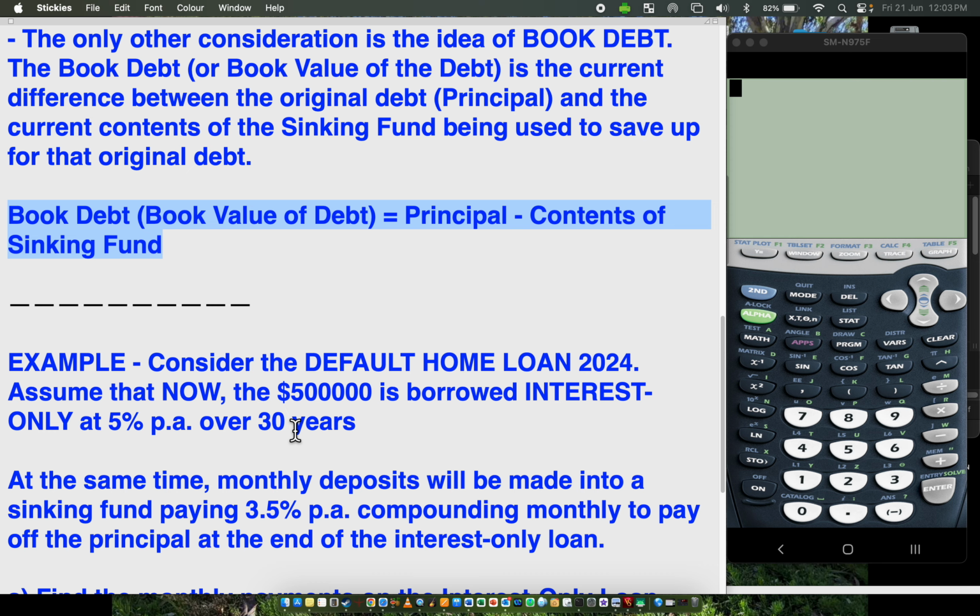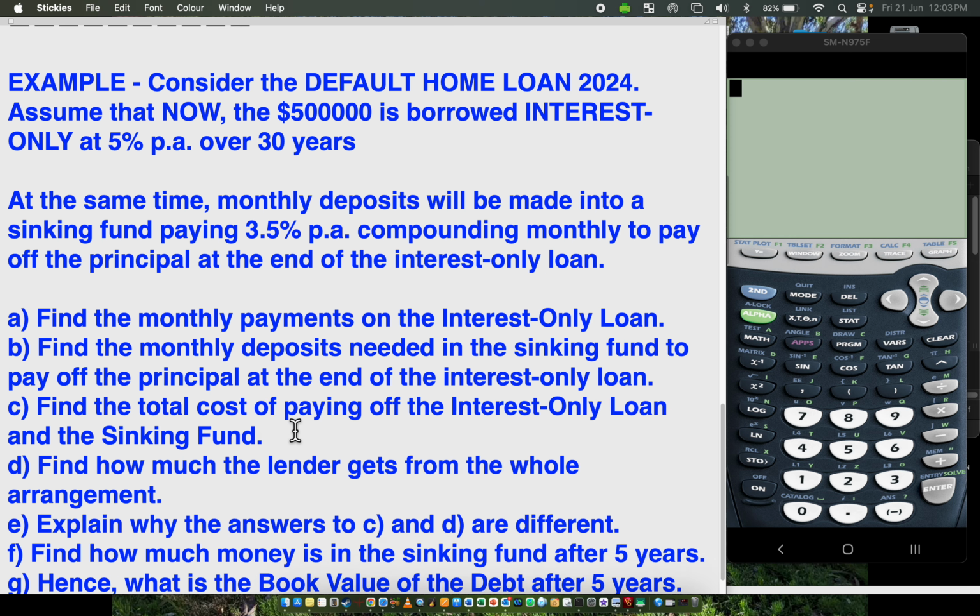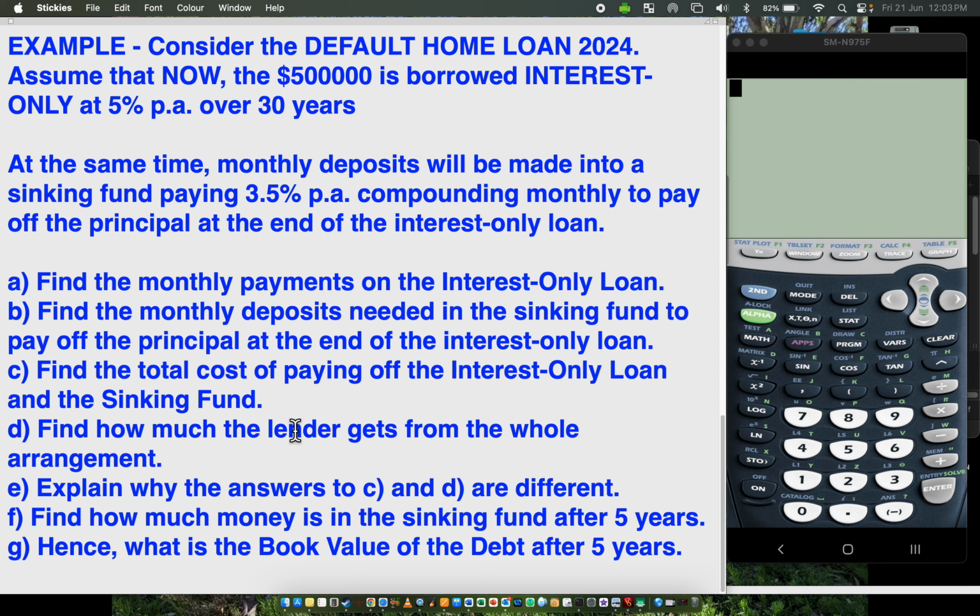Can I scroll down to the parts of the question now? Because there's two elements to this interest-only loan and sinking fund, there's a lot of elements to a question type there. It tends to be scaffolded like this in the exam when they've asked the question. They scaffold it with bits.